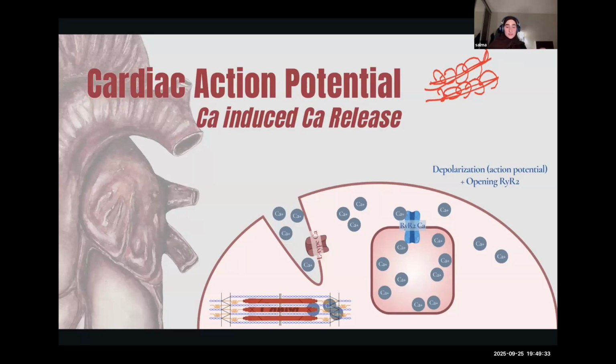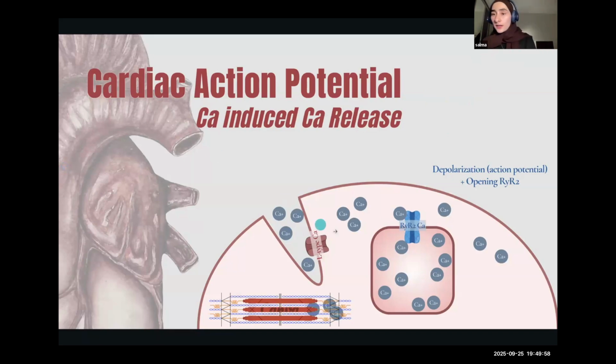Once the binding site is exposed, your myosin heads are going to be able to attach to it. Does this make sense? If it doesn't, I suggest you go back to your skeletal lecture, but just know that calcium is what's going to allow your actin and myosin to bind together. Okay?